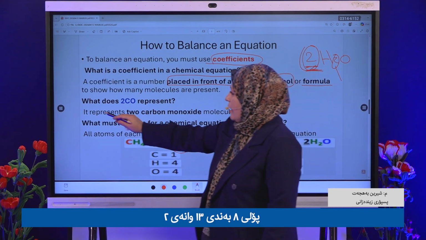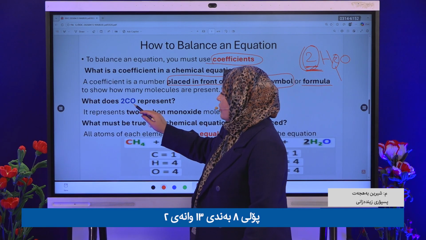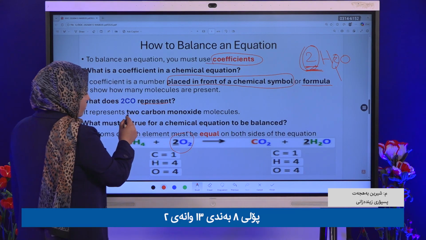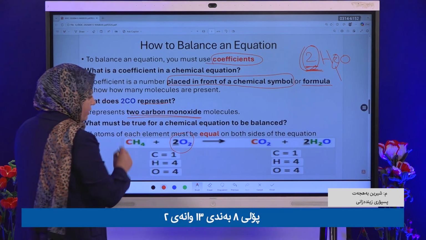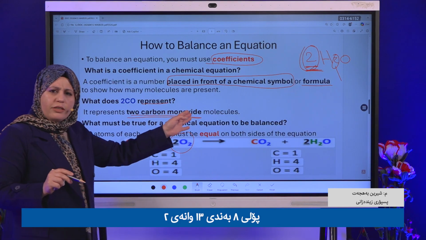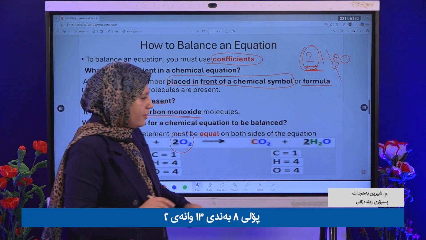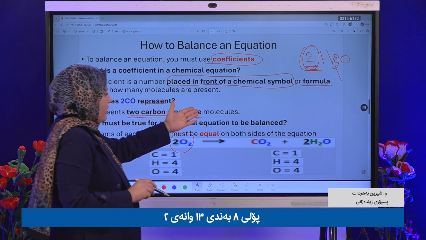For example, what does 2CO represent? It represents 2 carbon monoxide. We talked about monoxide. It means 1 monoxide molecule per carbon.